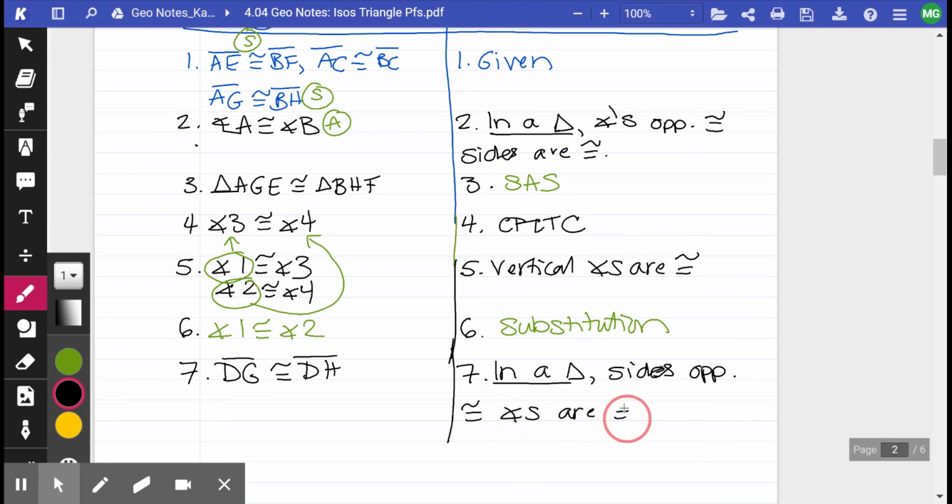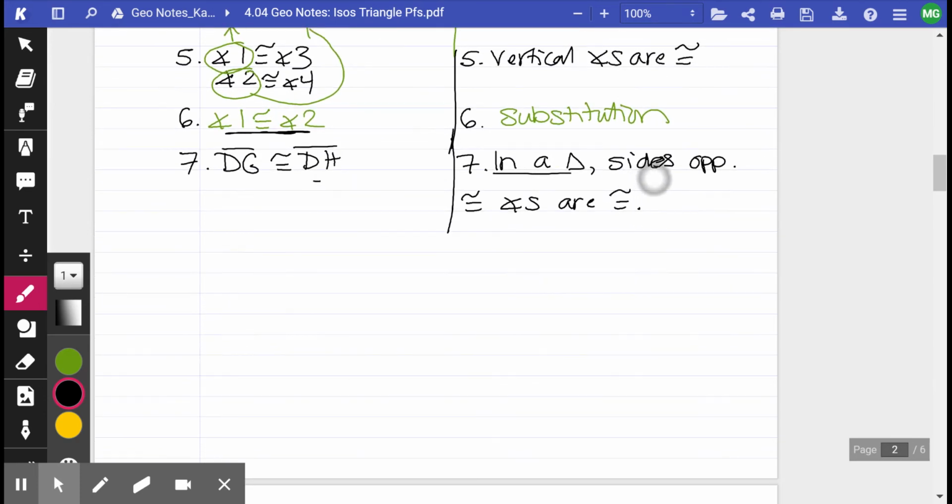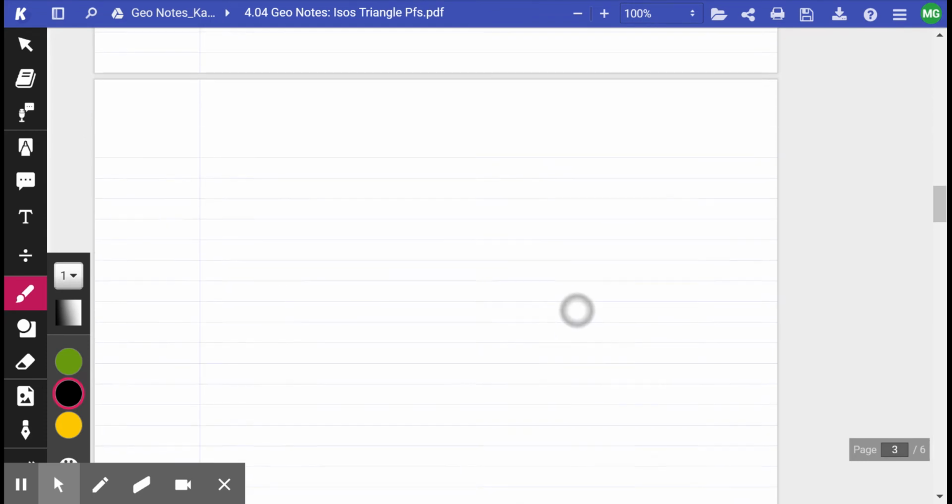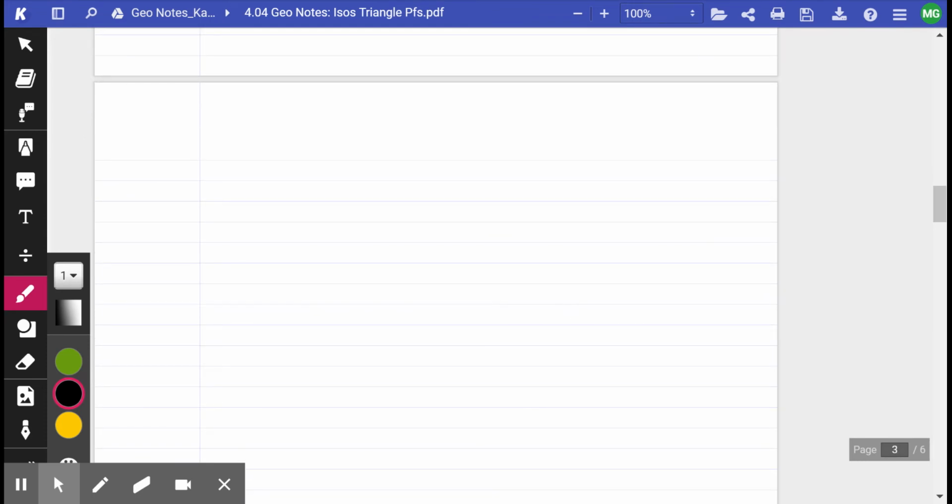Again, if it makes more sense to you, write it as an if-then. If two angles are congruent, then the sides across from them would also be congruent. Okay, so just a little longer thought process on that one.